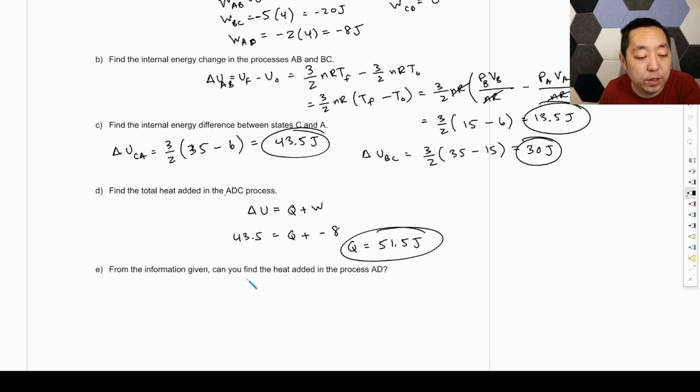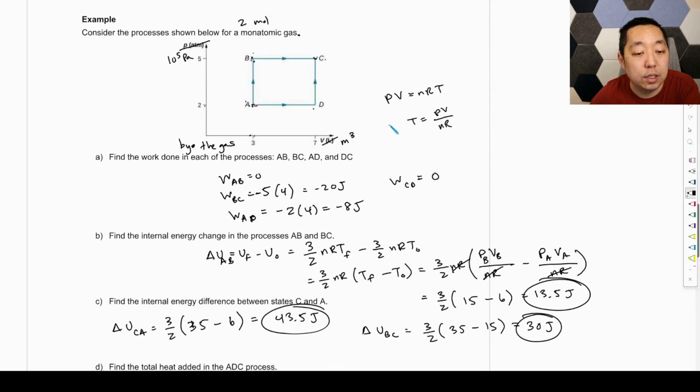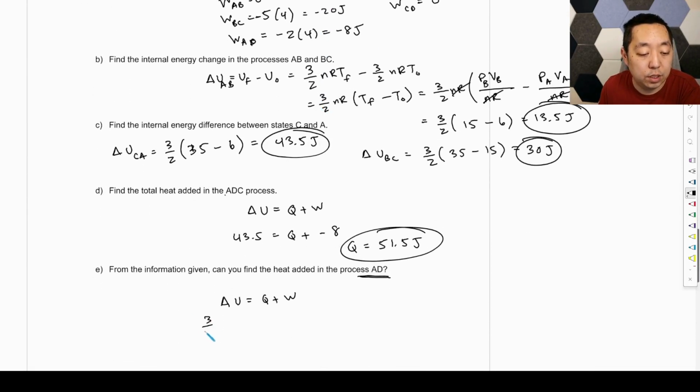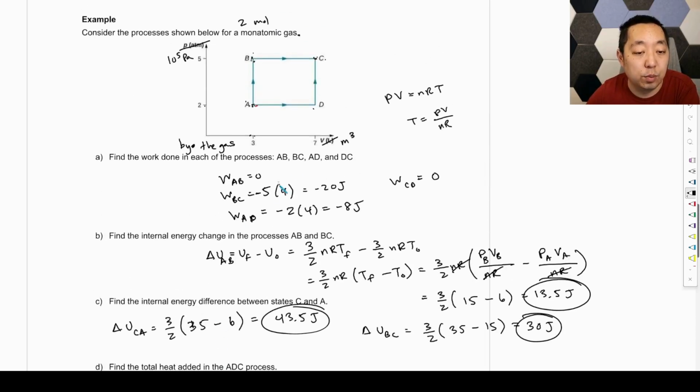From the information given, can you find the heat added in the process A to D? So if we look at A to D, again, we're going to do the same thing here. We need to find the change in internal energy from A to D. So we got to do the 3 halves times the change in the product of PV.